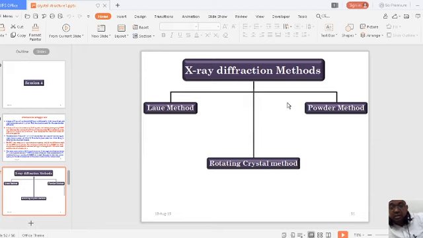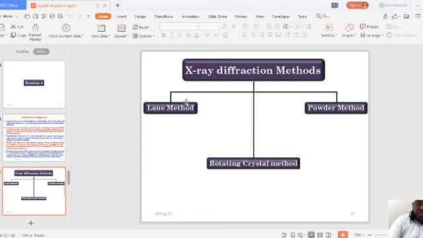One should know that by means of these three methods, you can get complete information regarding the crystal structure and the crystal properties, right? The X-ray diffraction methods are the Laue method, the powder method, and the rotating crystal method. Here we are confining our studies to the powder method because of its various applications.